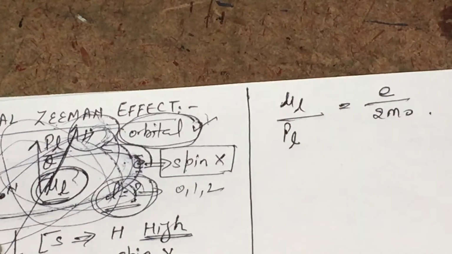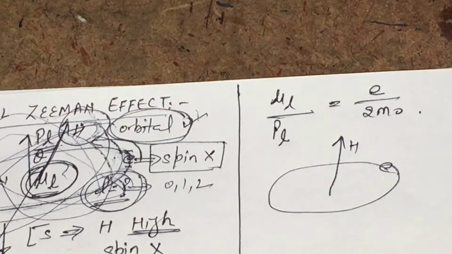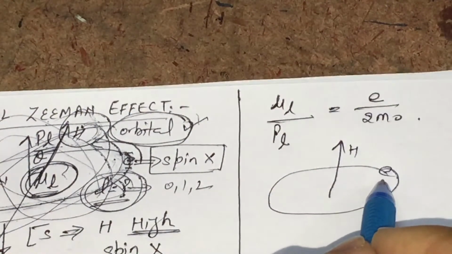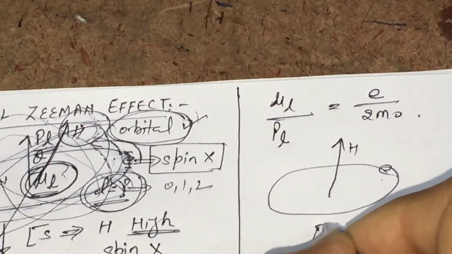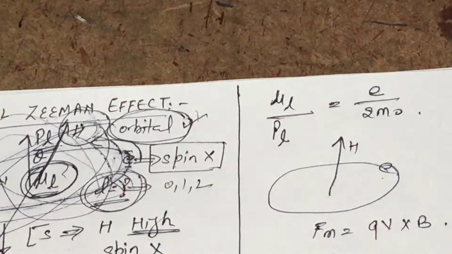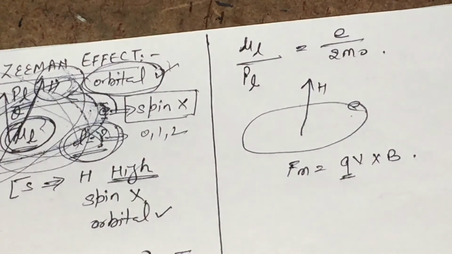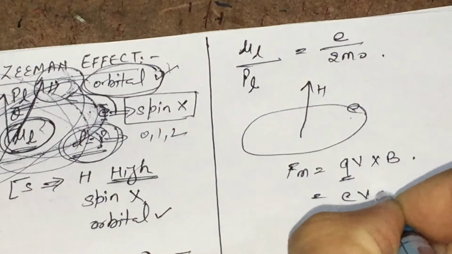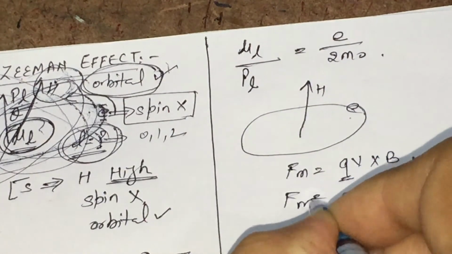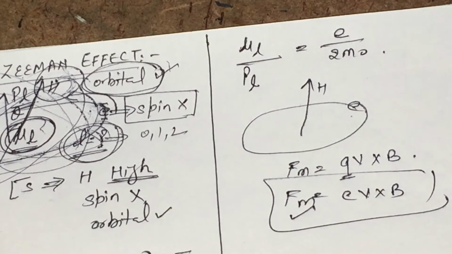When a moving electron comes in contact with an applied magnetic field, then due to the magnetic force given by q v cross B, the motion of the electron will be increased or maybe decreased by this force.